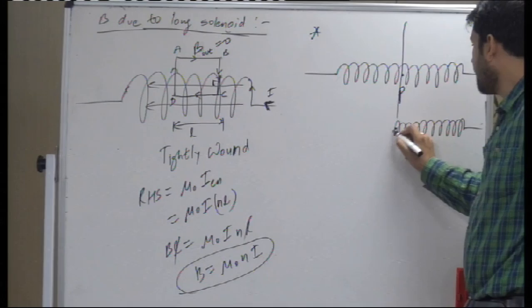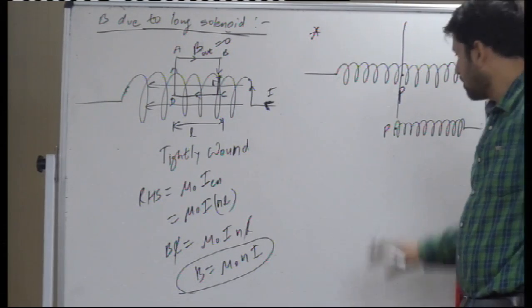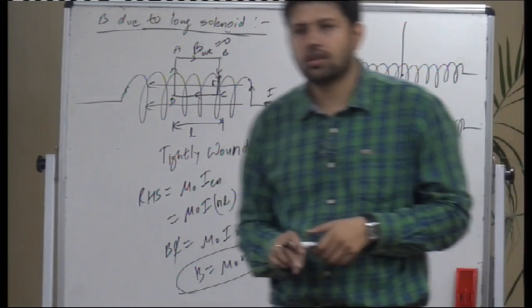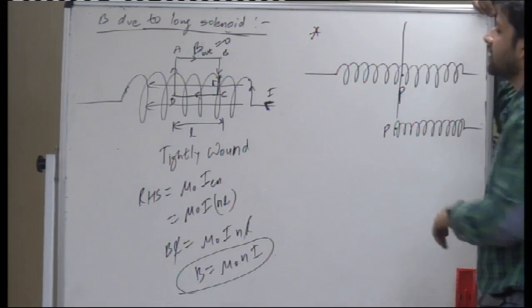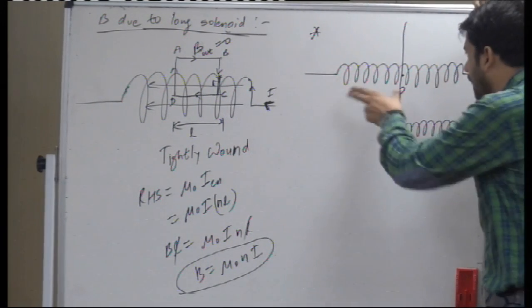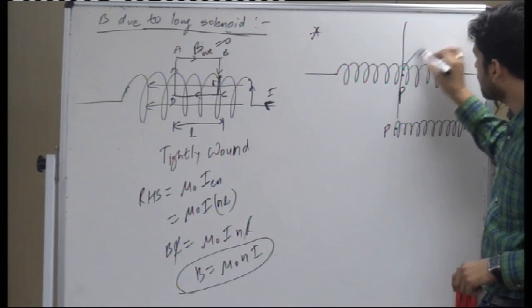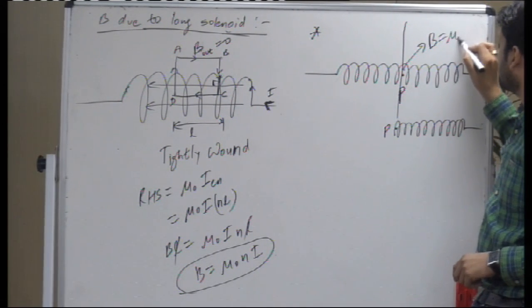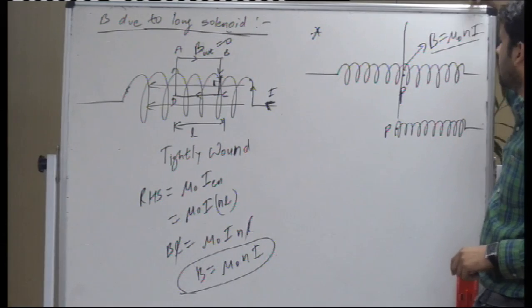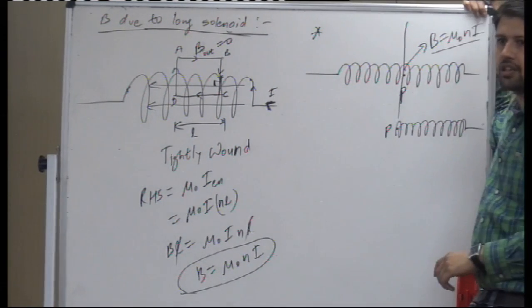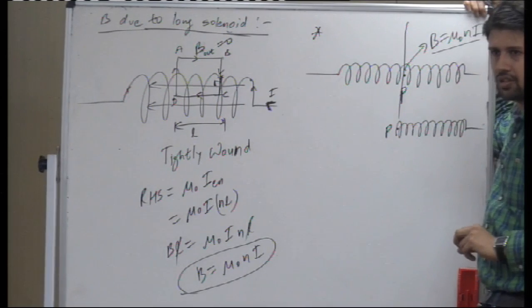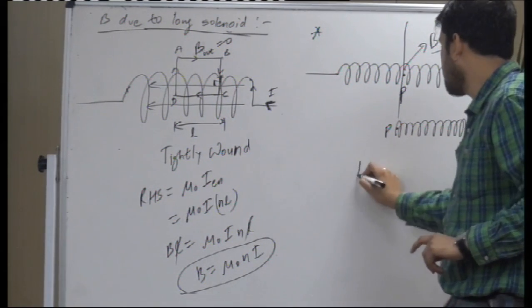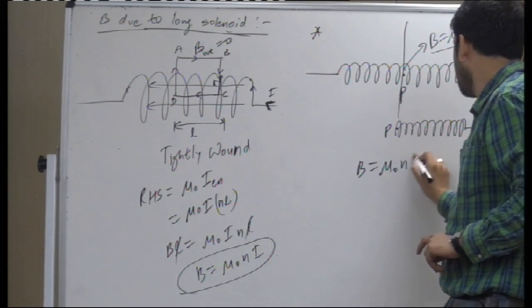The point P becomes a corner point. What would the field be now? At point P, the field was produced by two half portions, and it was originally mu naught NI. When you remove one half, the field produced by that portion also goes. So the field now becomes mu naught NI by 2.